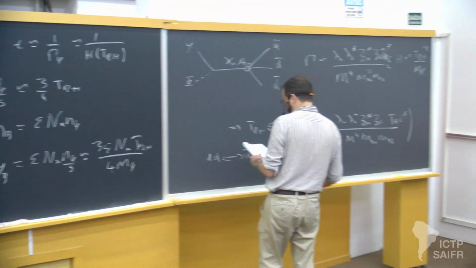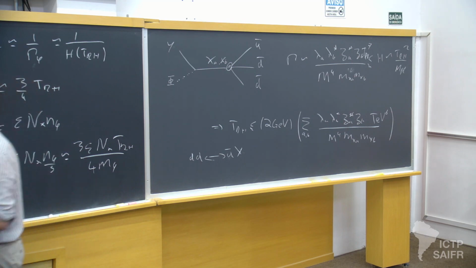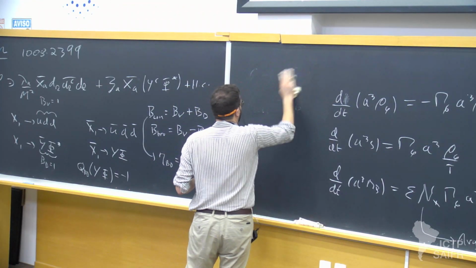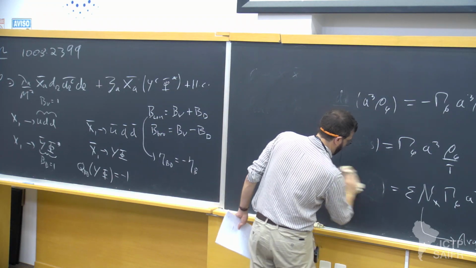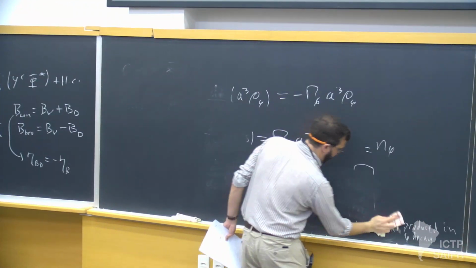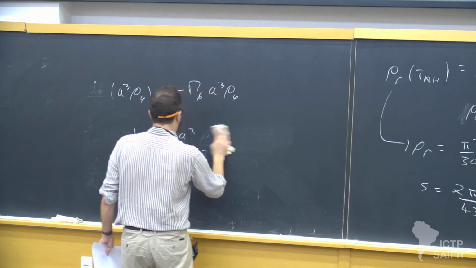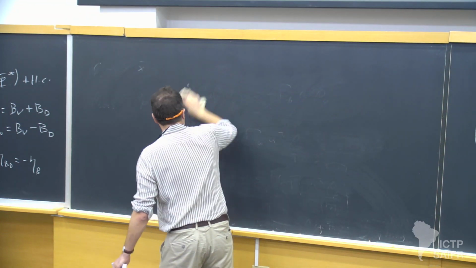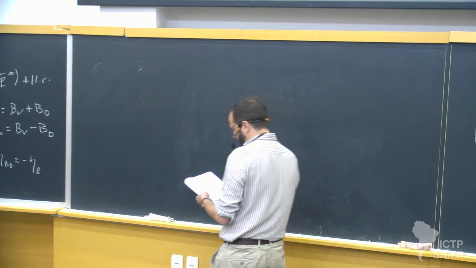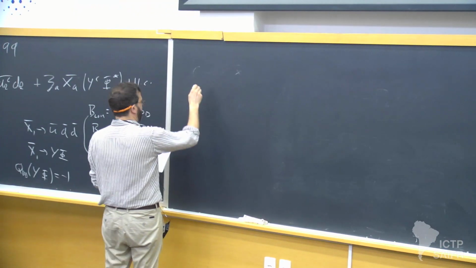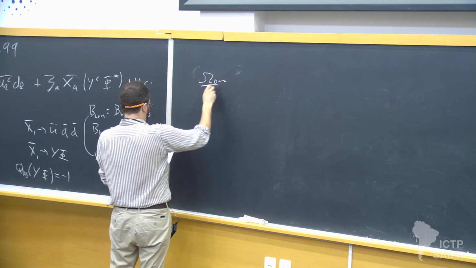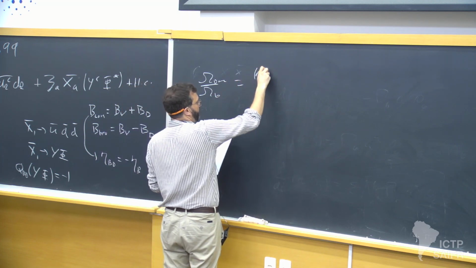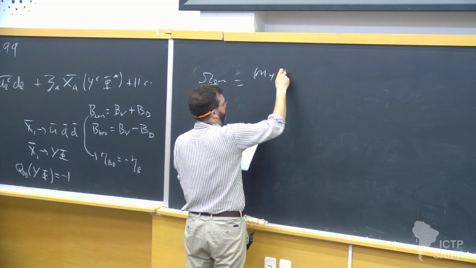Basically then, once you're finished with this annihilation process, because the asymmetries are related, you simply end up with this relation. We imagine this is happening after sphaleron decoupling.